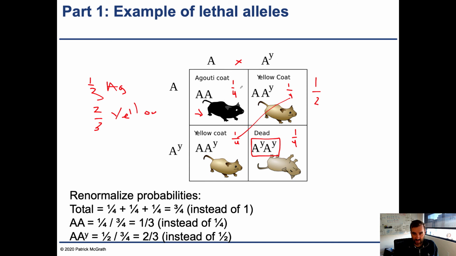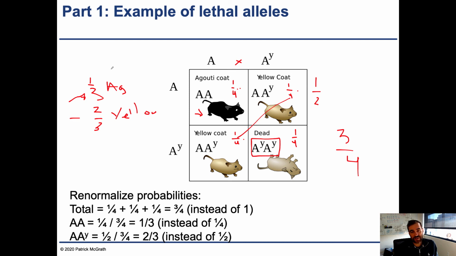You add up all of the remaining genotypes, and those add up to 3/4. So you divide these numbers by this in order to figure out the final ratio. Agouti would be 1/4 divided by 3/4, which is where you get the 1/3, and the yellow would be 1/2 divided by 3/4, which is where you get the 2/3.